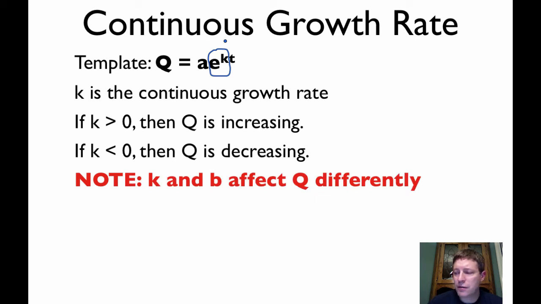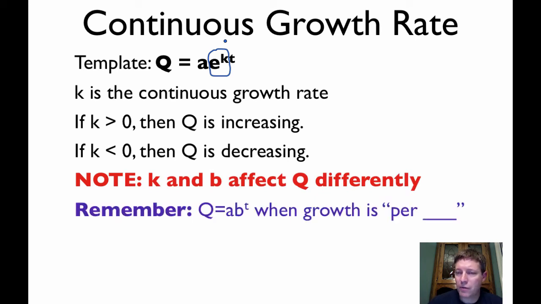And you just need to remember that when you go back to the other way that we sometimes write equations with growth rates, the other way to do this, if it's a per year or per day or any sort of a problem where you're growing at a particular unit of time, then we would use this formula and we would use B for the growth factor.